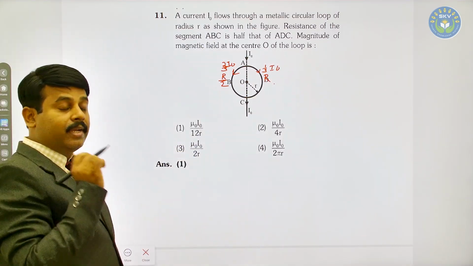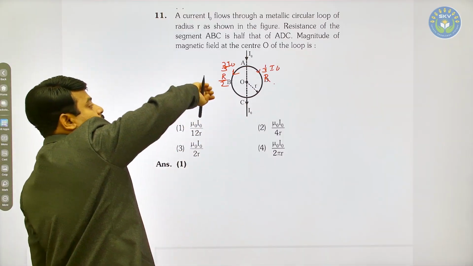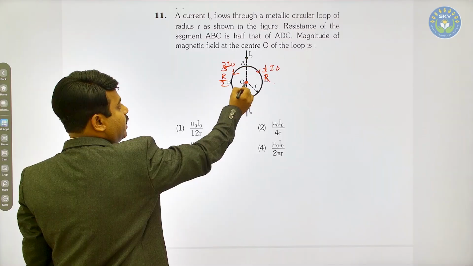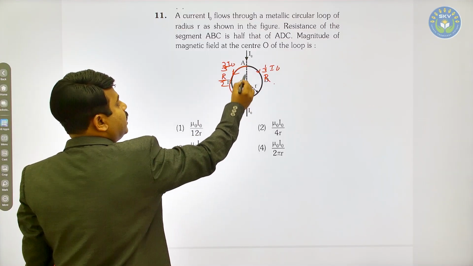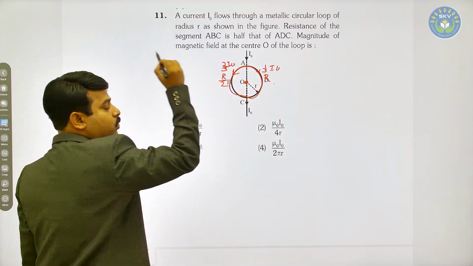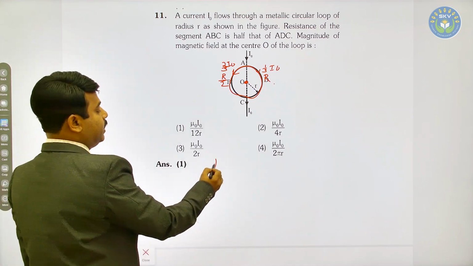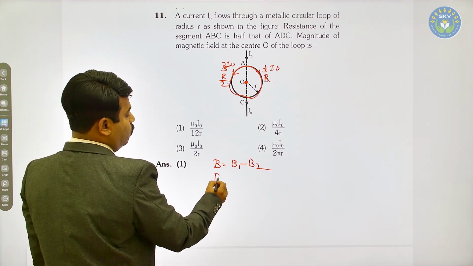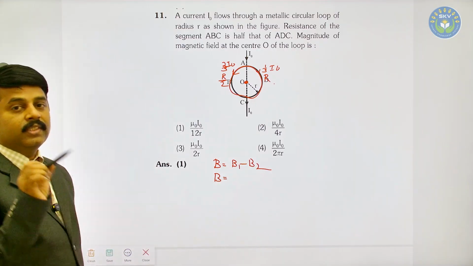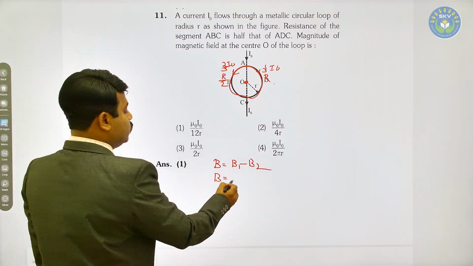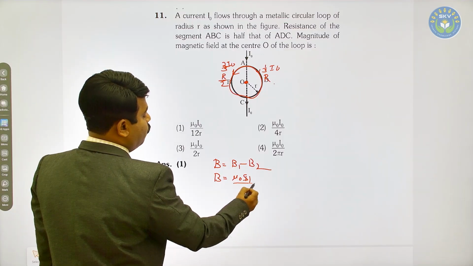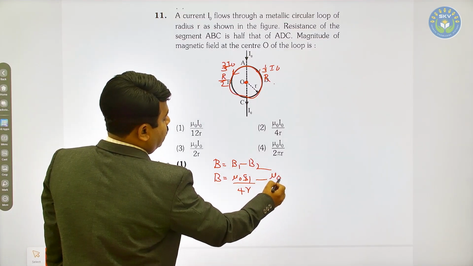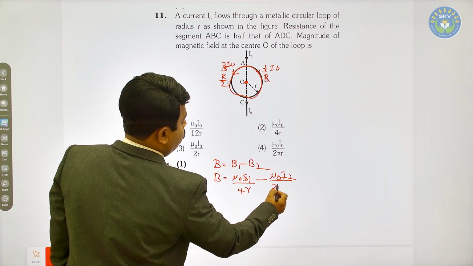Now what is the magnetic field? One is upward and due to this it is downward. So the magnetic field at the center due to this is in the opposite direction to this. So we can write net magnetic field is B1 minus B2. But you know, magnetic field due to a semicircle is mu 0 I divided by 4R, minus the second semicircle I2 divided by 4R.